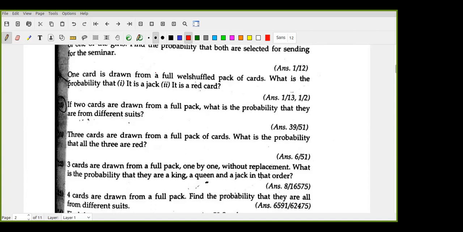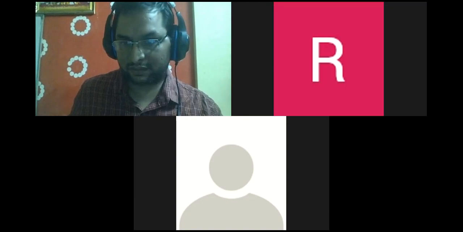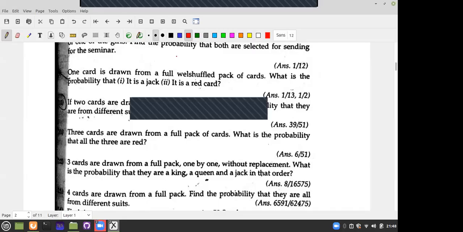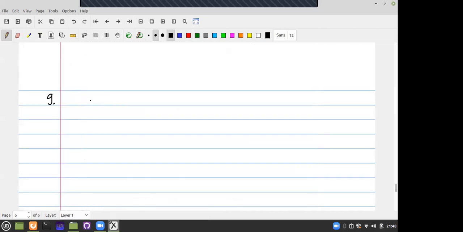Don't take me wrong, but pronounce it as jack again. So we want it to be a jack, and in the other case we want it to be a red card, right? We know there are 52 cards.